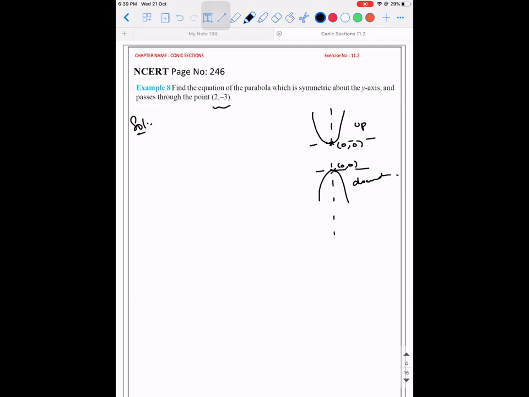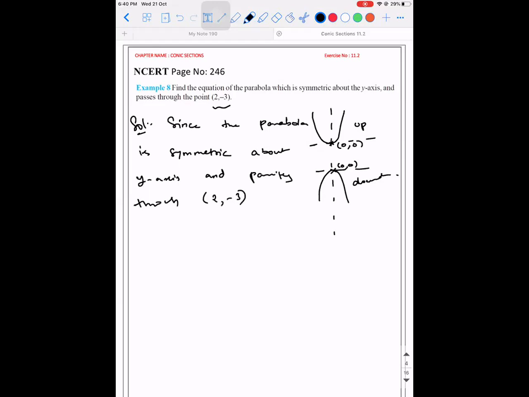The solution for this is, since the parabola is symmetric about the y-axis and passing through (2, -3), a point in the fourth quadrant, it implies it's a downward parabola.